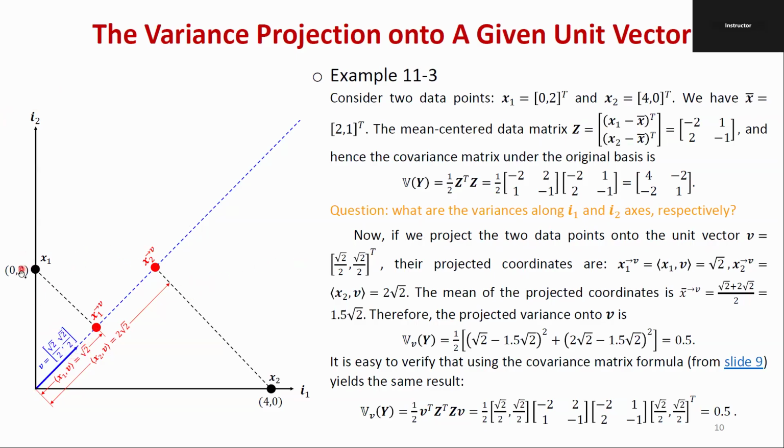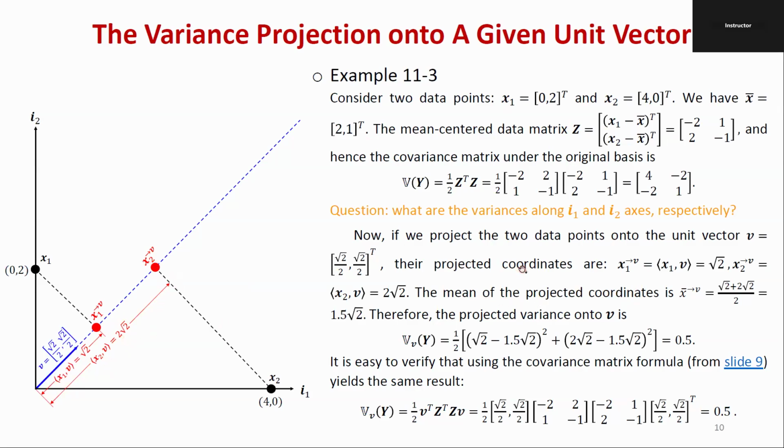Now we can project x1 and x2 onto this unit vector, and then we can get the coordinates. Say x1 projected onto it, the coordinate here is square root of 2. And then you project x2 onto it, the coordinate here is 2 square root of 2.